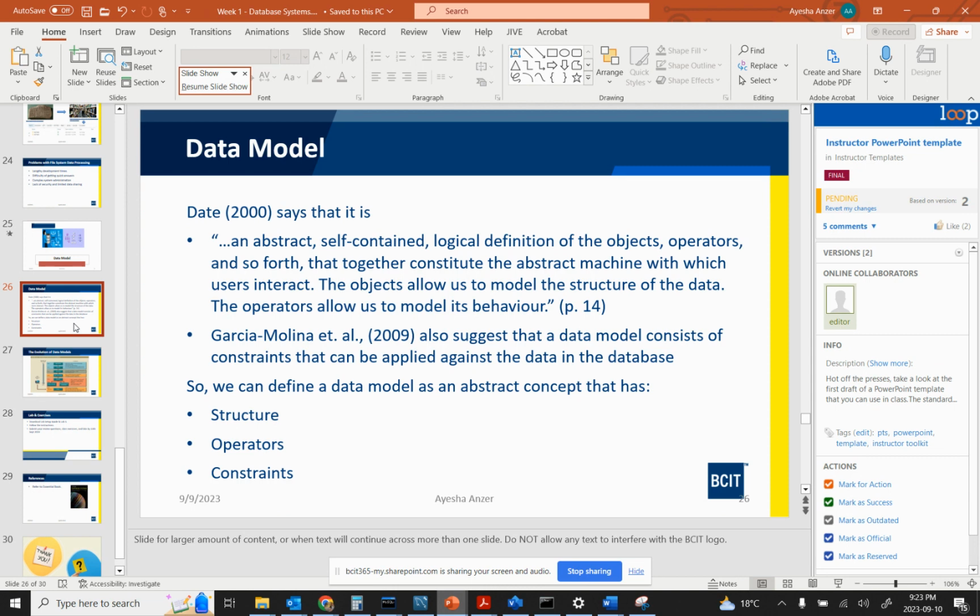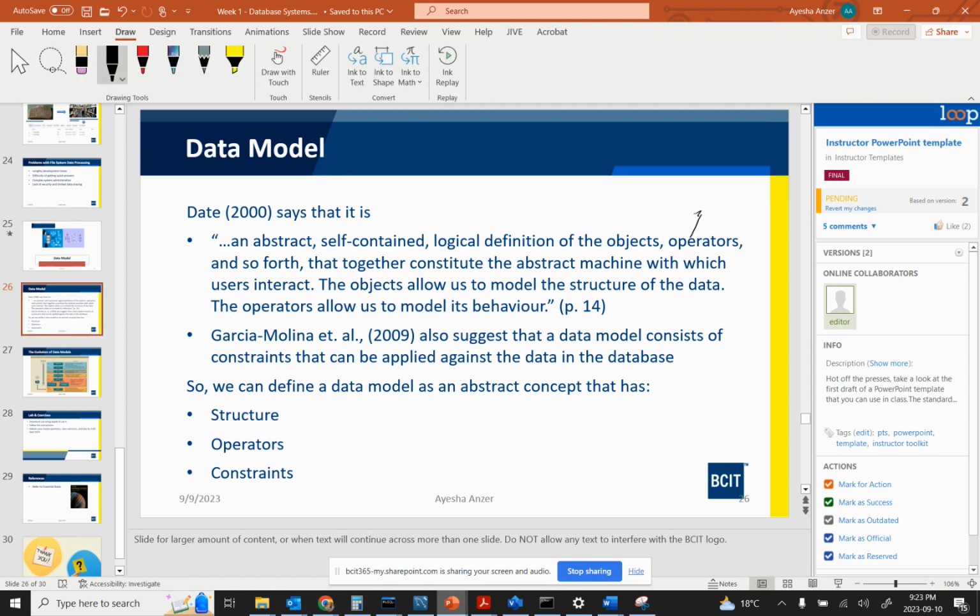We also have operators. Operators will consist of calculus or relational algebra, which means that we have certain computation in operators.